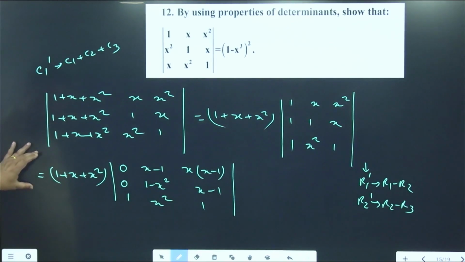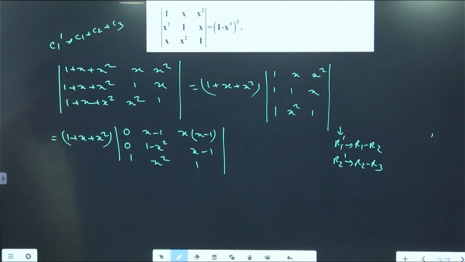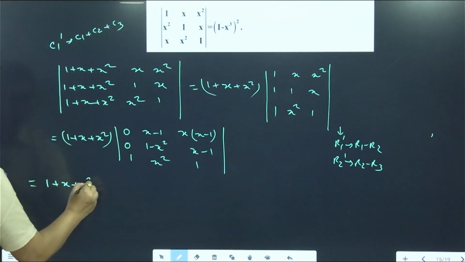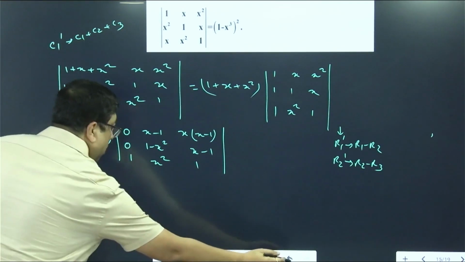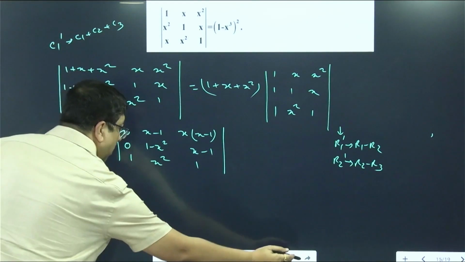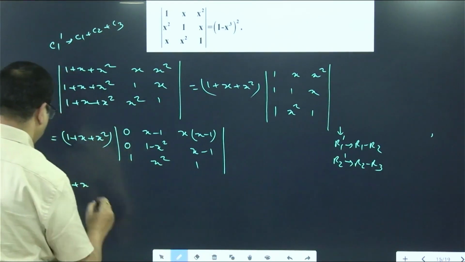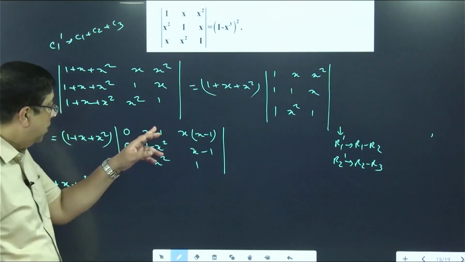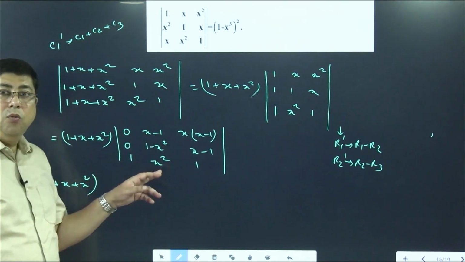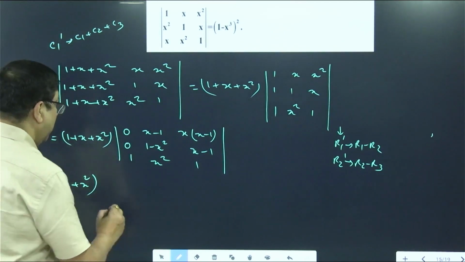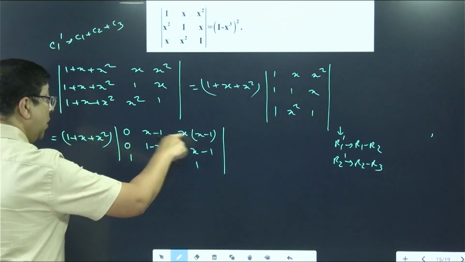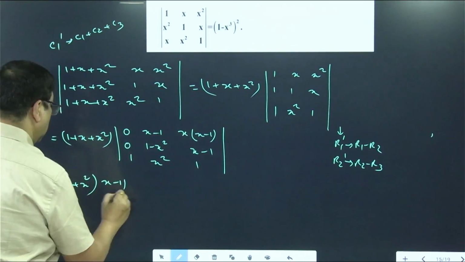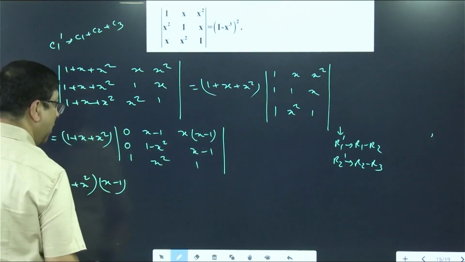Now we have to take the common portions. 1 plus x square common. From row number 1 we have to take x minus 1, and from row number 2 we can take x minus 1.